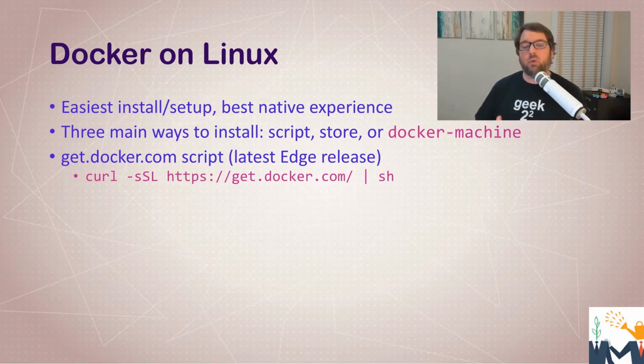So obviously you don't want to do that for a production system where you want to automate over and over again for creating servers in the cloud or your data center. But for installing locally, I highly recommend just using Edge. It's actually quite stable for being beta. I usually don't have any issues with it, and it allows you to test out features quicker because it comes out monthly. So that script would get you installed, and we're going to be using that script today.